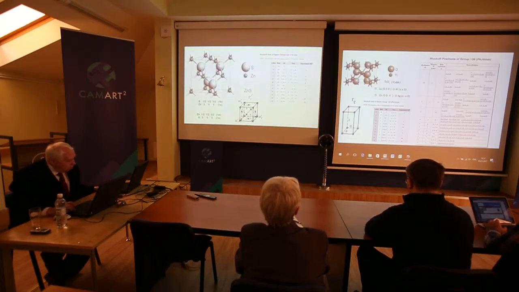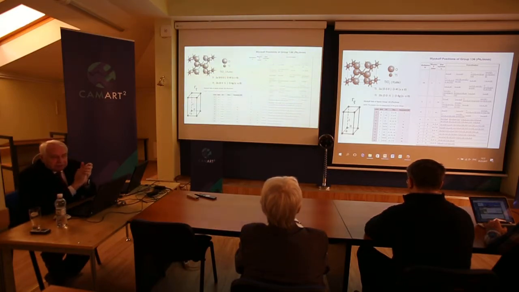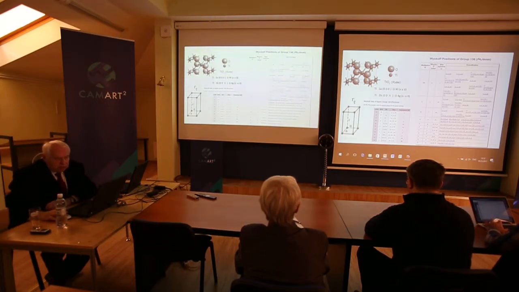And now I move to a more unpleasant system. This is rutile, a well-known structure. What do crystallographers give? They say that there are two formula units, titanium, oxygen 2, in the primitive unit cell. So the primitive unit cell consists of 2 titanium atoms and 4 oxygen atoms.